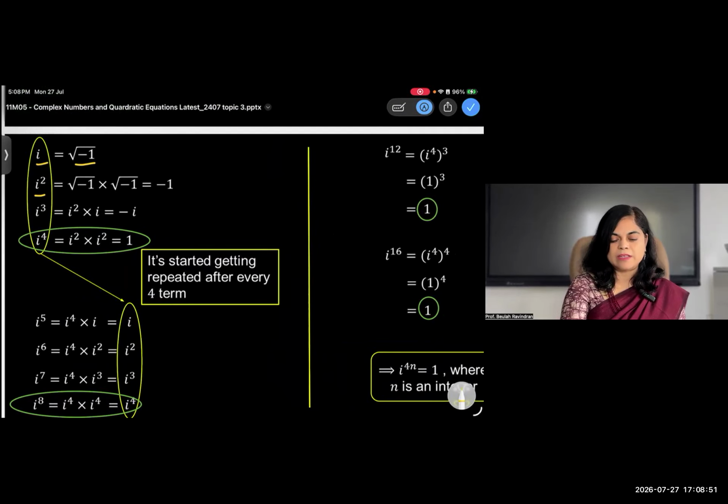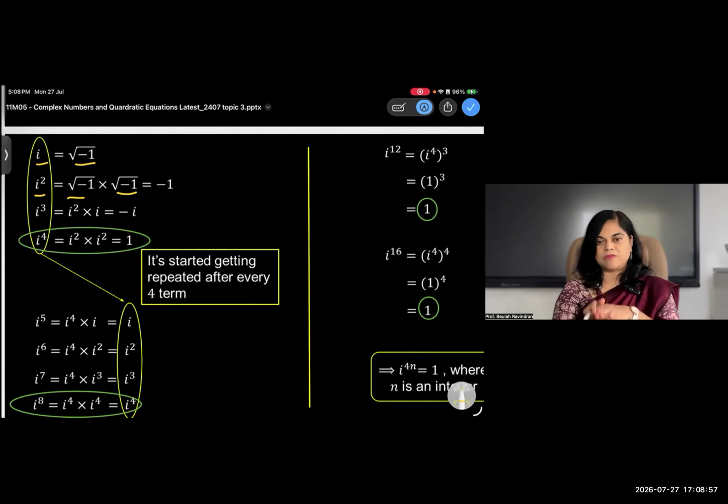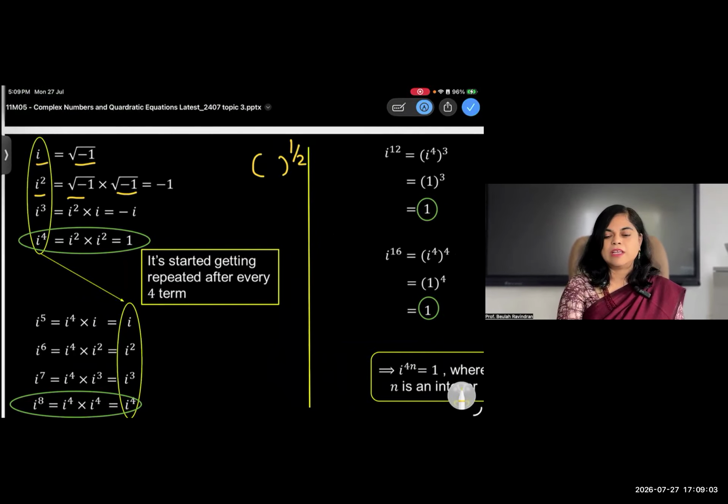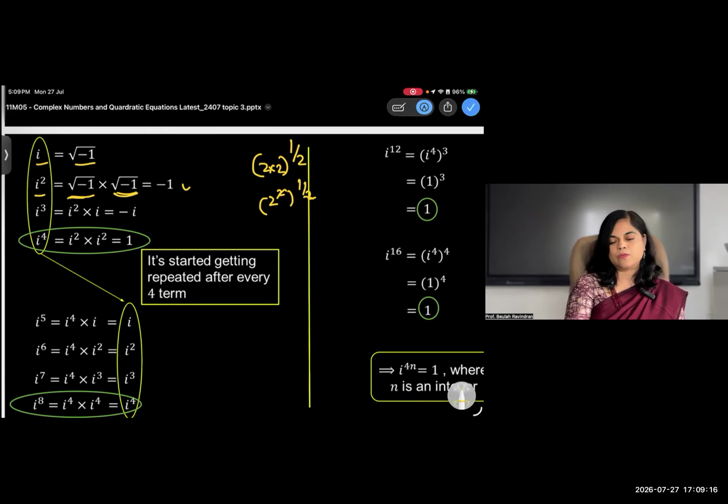You have to multiply root of minus 1 into root of minus 1. What does root mean? It is the power of 1 by 2. So root of minus 1 times root of minus 1 is minus 1.